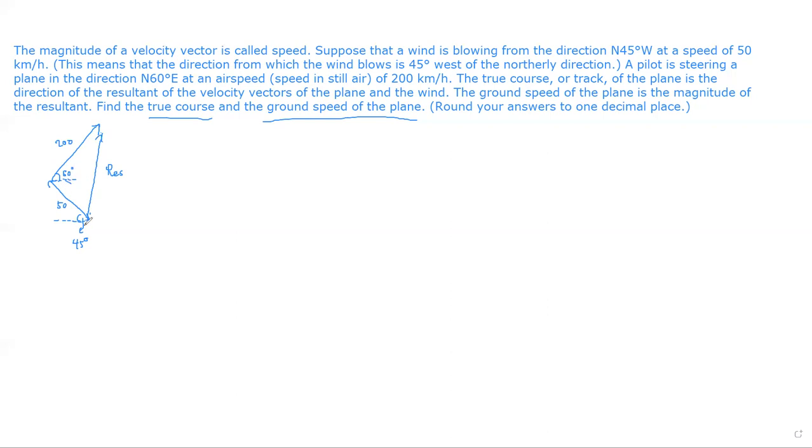Now, this is all we're given, but here's a trick. This is 45 degrees. You do sort of a rotation style. And this side is also 45 degrees, because it's 45 degrees here, so on this end, it's also 45 degrees.